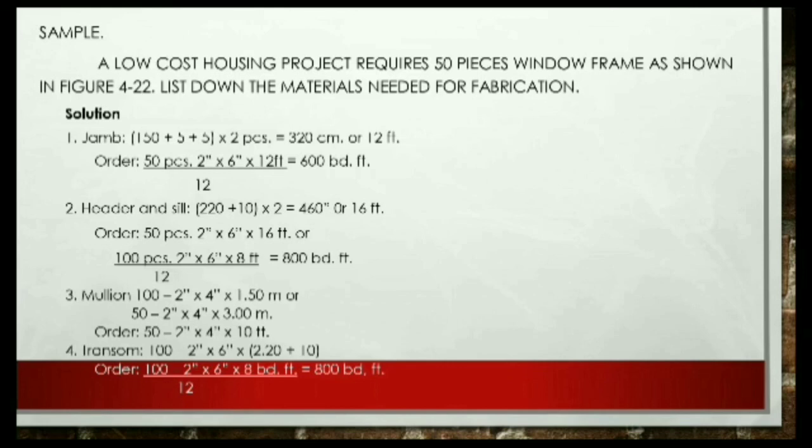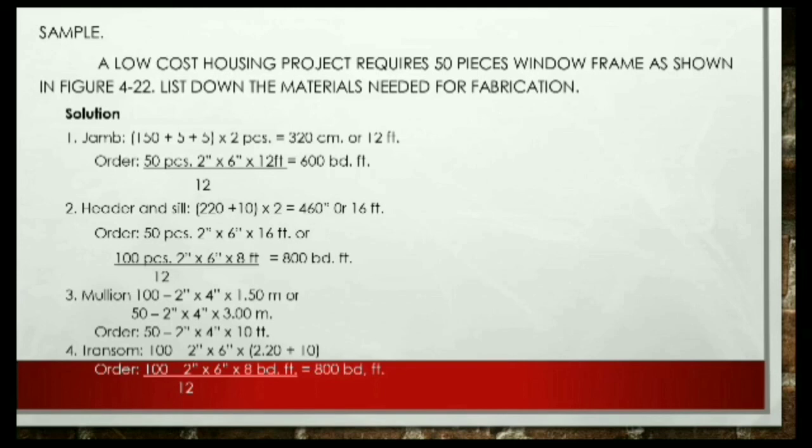Calculate the total length, 220 plus 10, and multiply it by 2, the quantity of its sides, which equals 460 or 16 feet. So, order 50 pieces of 2 by 6 by 16, and to know its board feet, just divide it by 12, yielding 800 board feet for header and sill.